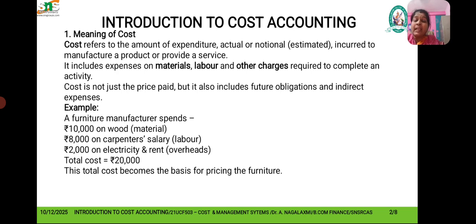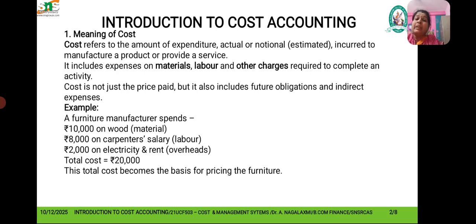Next, he has to pay the salary as labor for carpentry work. Then extra miscellaneous expenses related to the manufacture, that is paying rent, paying electricity charges.